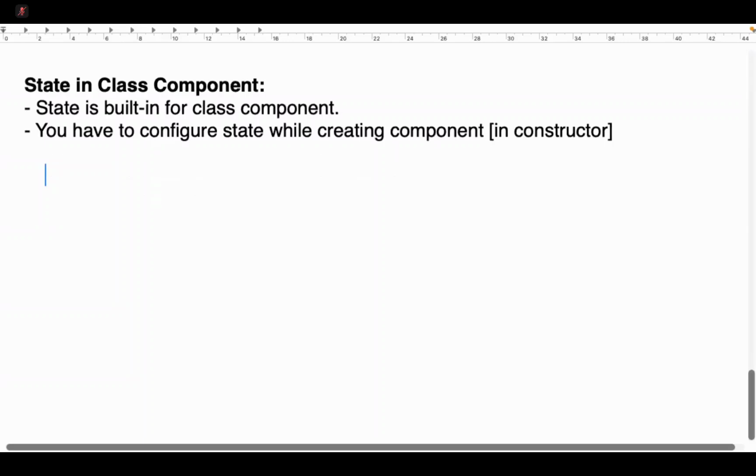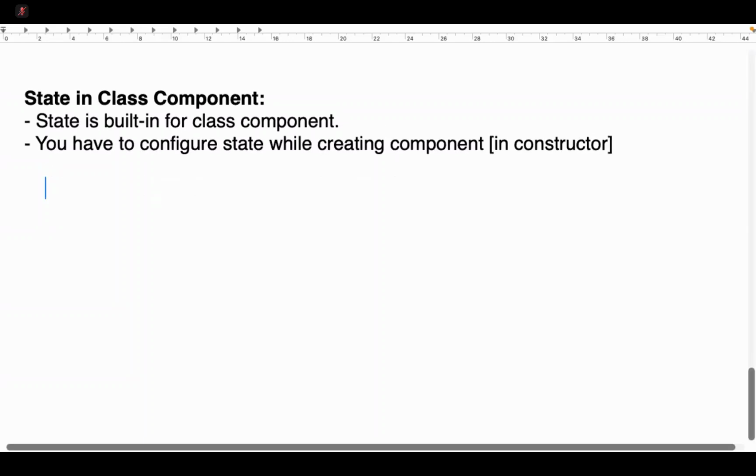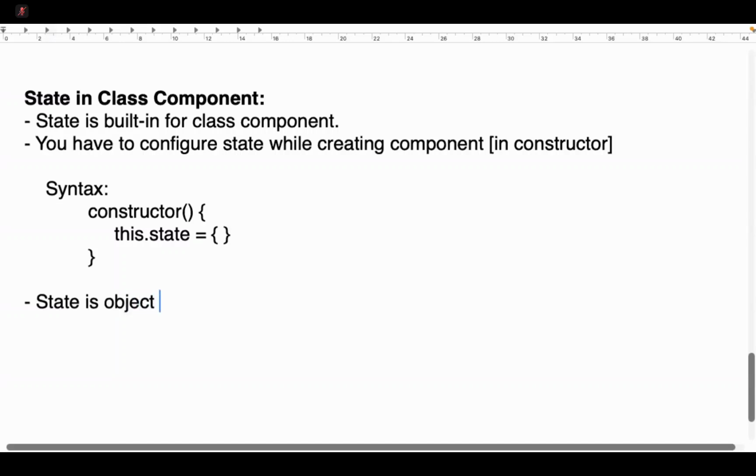In the constructor, we have to define it. Syntactically, in the constructor, you have to use this dot state is equal to an object. State is an object type with a key and value collection.